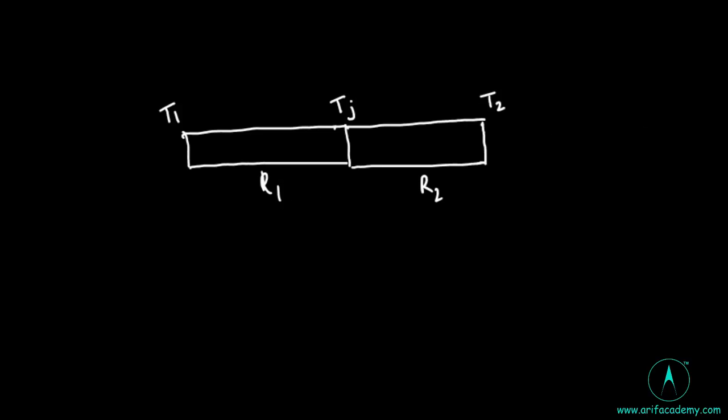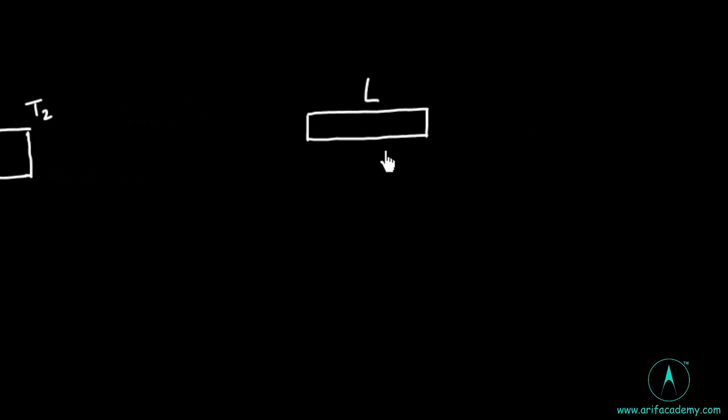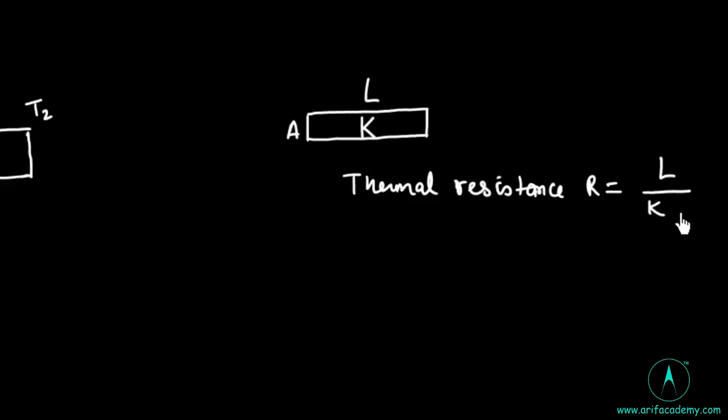First of all, I would like to tell you how to find the thermal resistance of any rod. If there is a rod of length L, its coefficient of thermal conductivity is K, and cross-section area is A, its thermal resistance R equals L by KA.